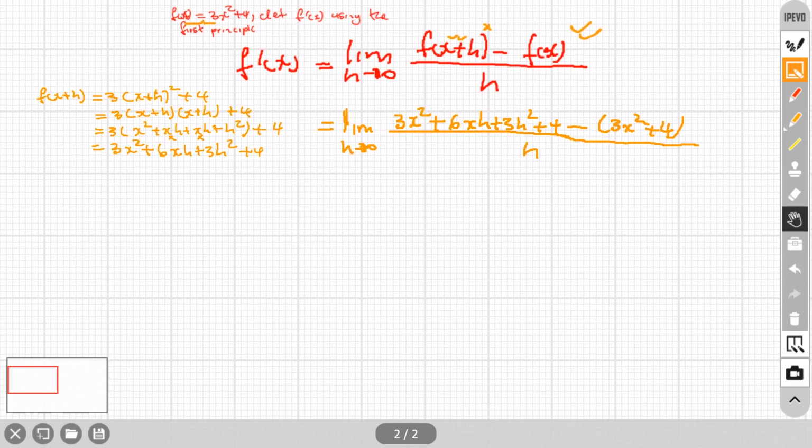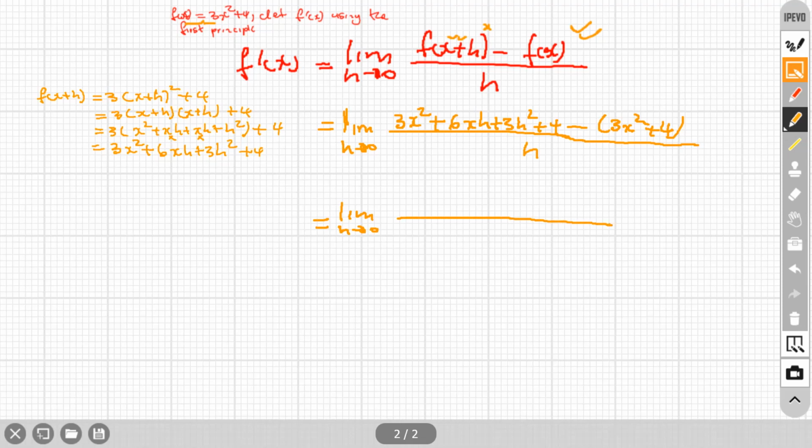When we simplify on top, this remains the same: plus 6hx plus 3h squared plus 4 minus 3x squared minus 4, all over h.